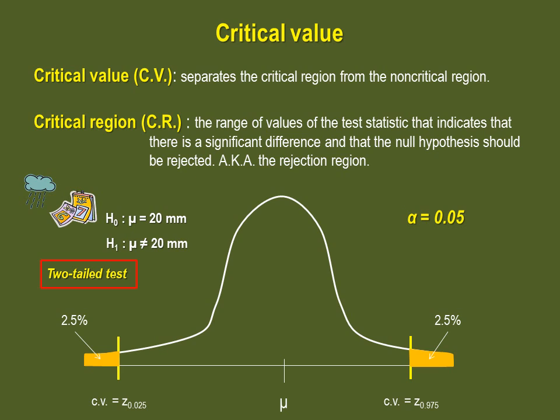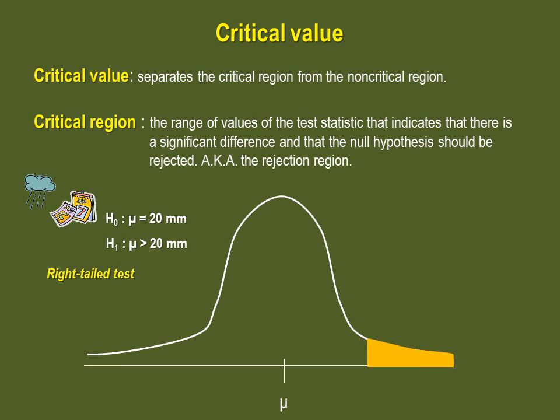So if you've got 18 millimeters, and 18 millimeters falls within one of these 2 orange areas, you would reject the null hypothesis and state that the value you obtained is significantly different from the population mean.